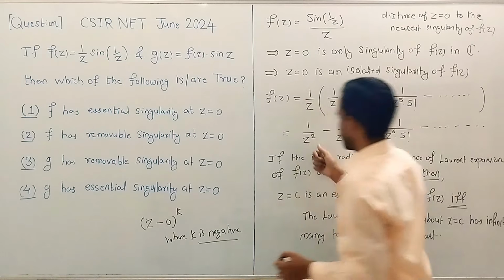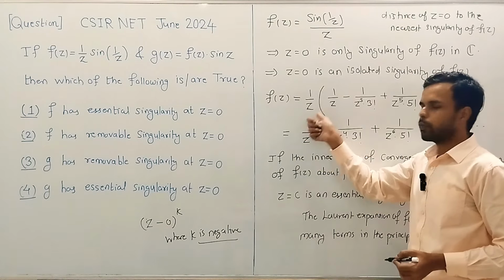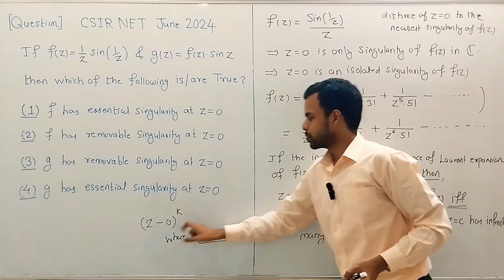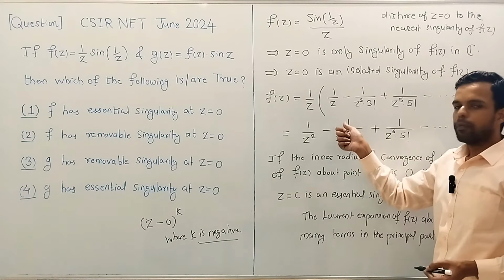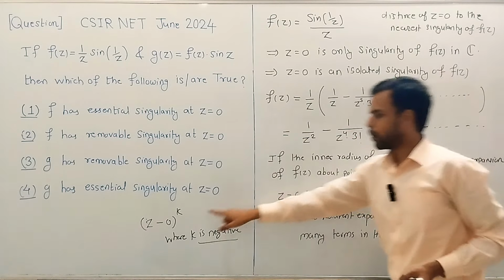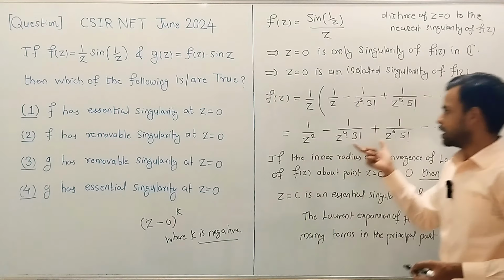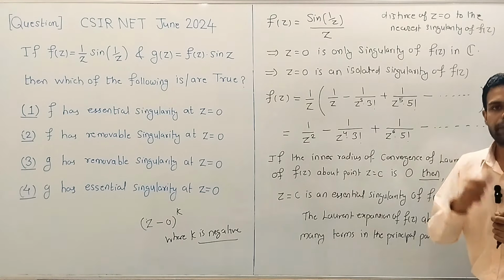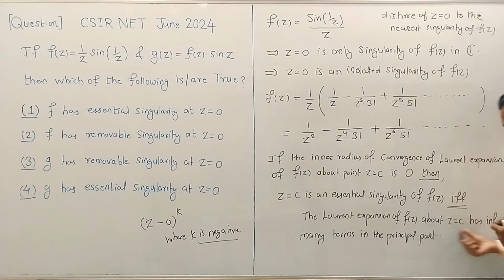Clearly this can be written as z to the power minus 2, that is z minus 0 to the power minus 2, z to the power minus 4, that is z minus 0 to the power minus 4. So this series has infinitely many terms in its principal part, and hence by this result z equals 0 is an essential singularity of f of z.